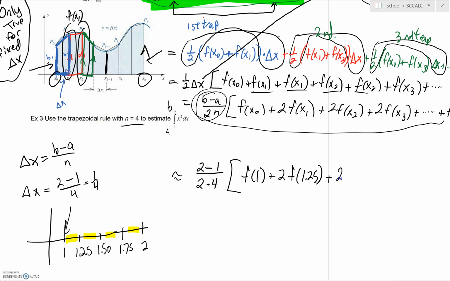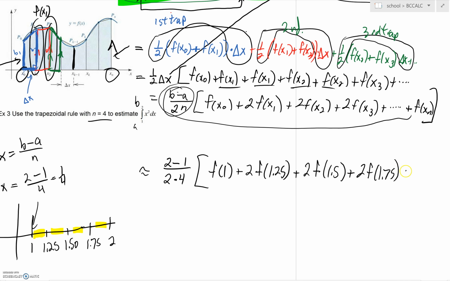Then we'd say plus 2 times f of 1.5 plus 2 times f of 1.75. And then finally, we'll just say plus f of 2. And guys, at this point, you definitely could finish this up. 2 minus 1 is just a 1. Here you get a 1/8.